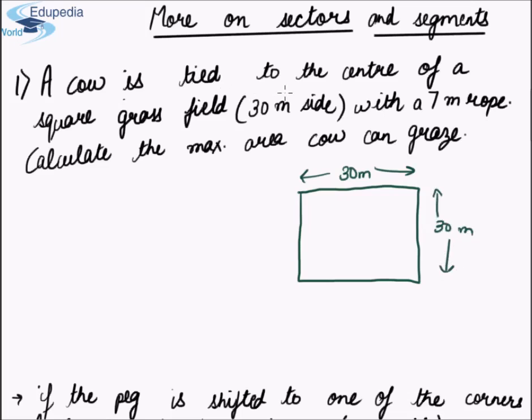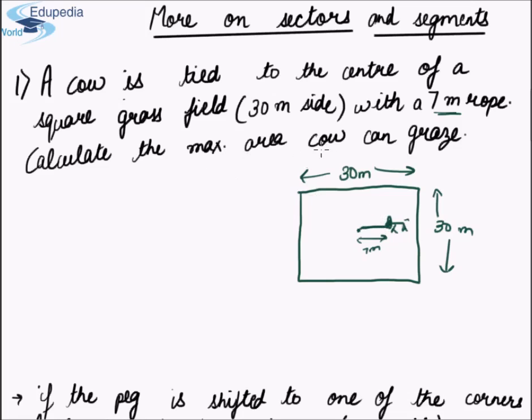Now the cow is tied to the center of this square grass field with a 7-meter rope. We are having a rope of 7 meters and we have tied the cow here with this 7-meter rope.